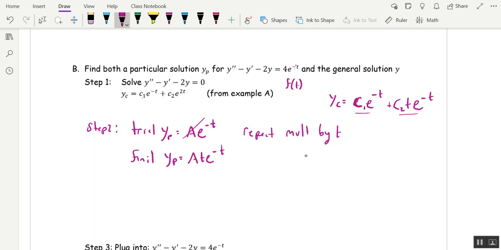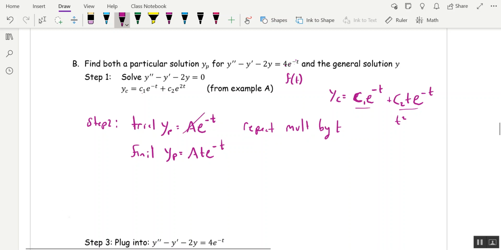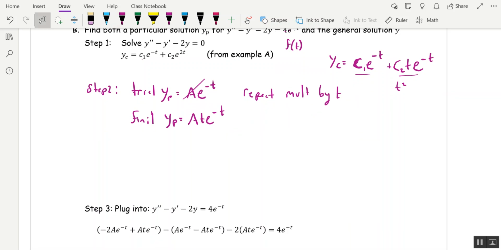Because then I'd have a repeat with this term. So the smallest power of t I could multiply by in that case would be t squared. And I'd have to do that to eliminate repeats. By the way, if you don't eliminate repeats, then when you go to step 3 where you plug in, anything that's a solution of the homogeneous is going to get crushed on the left, and you won't end up with any coefficients to solve. So it's an important thing to check for repeats.